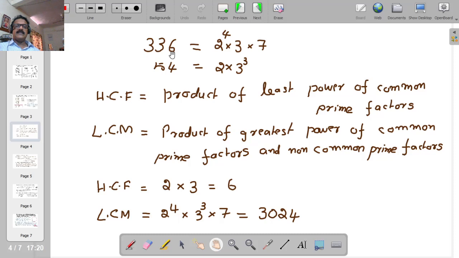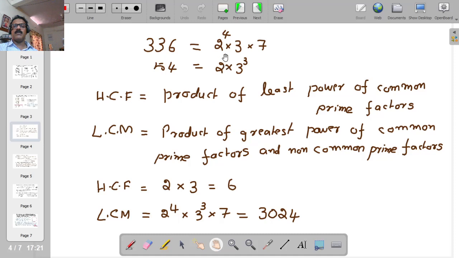We have 336 is equal to 2 raised to 4 times 3 times 7, and 54 is 2 times 3 raised to 3. HCF is the product of the least power of common prime factors. The power of 2 in the factorization of 336 is 4, and the power of 2 in the factorization of 54 is 1.